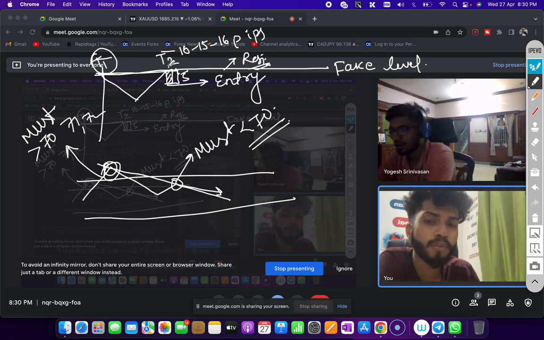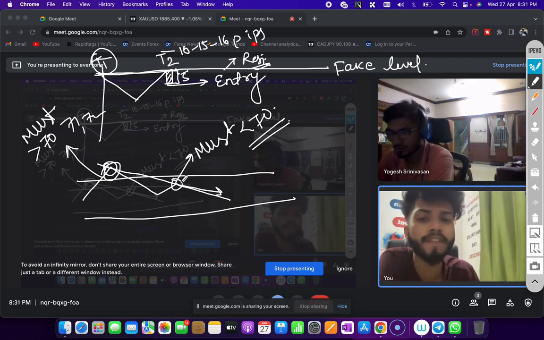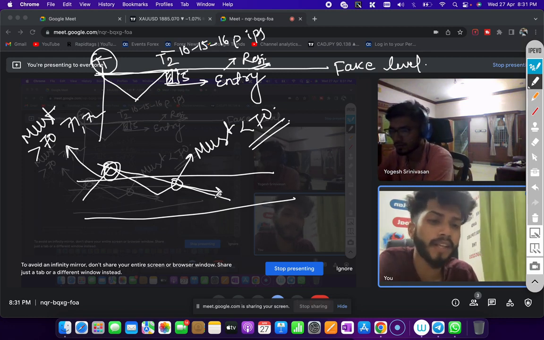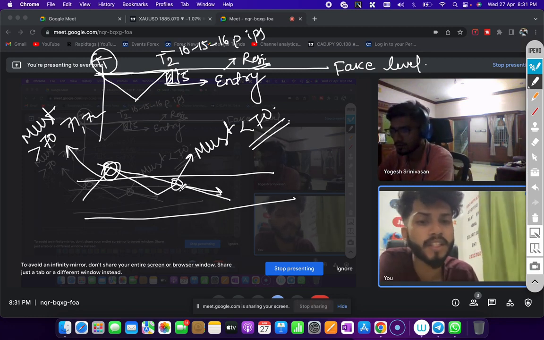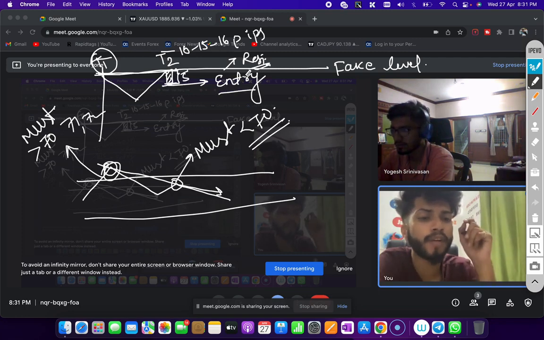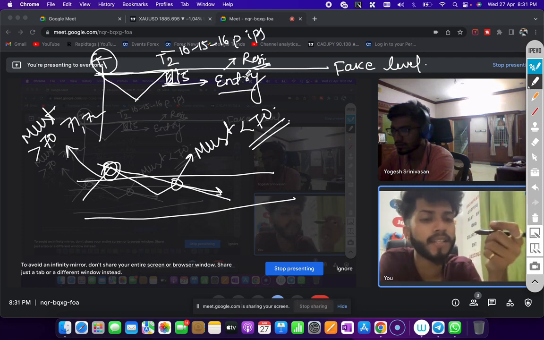And at T2 it was supposed to go up, but it did not go up, and it is going down. So it indicates that there should be a bearish divergence, and I will sell at this particular point if I find any bearishness. Any bearishness means that if I find any red candlestick.